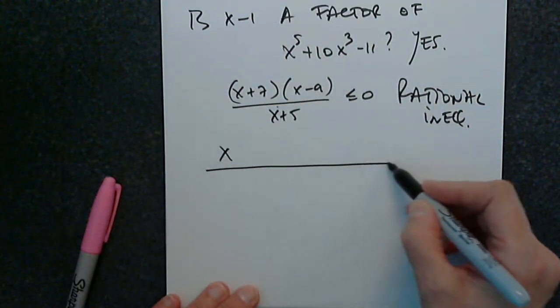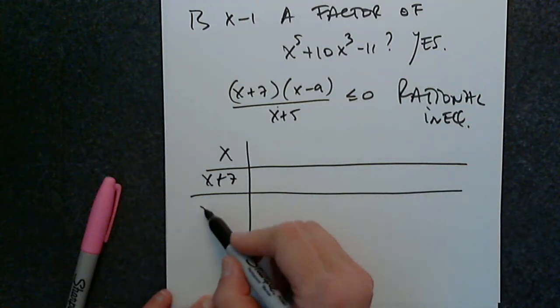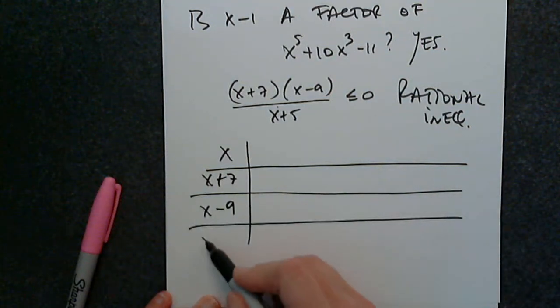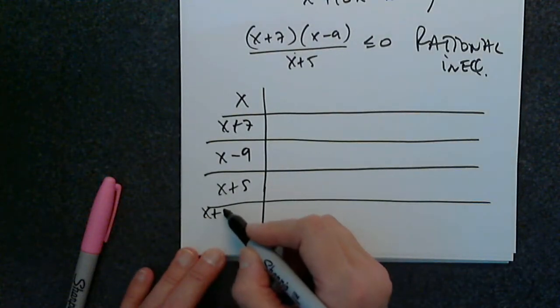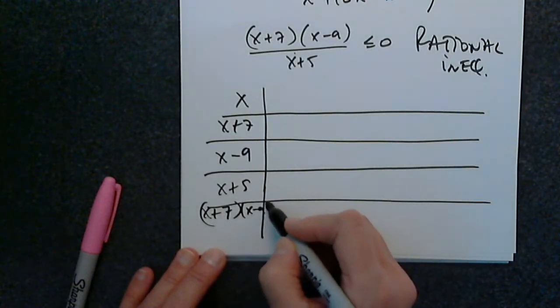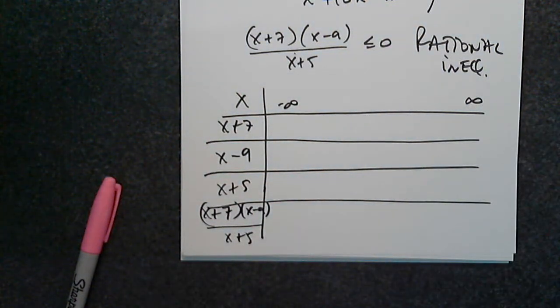So we don't have to do anything. We just have to list those, and list the ratio as the last item. x is the variable in the problem. Minus 5.